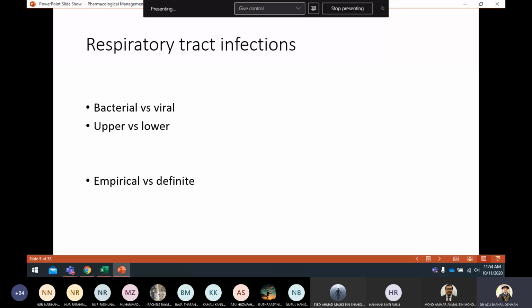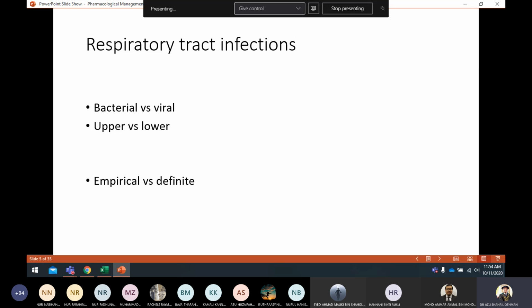And when we talk about respiratory tract infections, there are some books that like to further subclassify it into upper and lower respiratory tract infections. So I'm going to show you which one is upper and which one is lower.